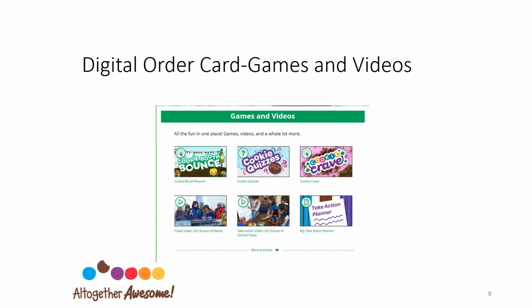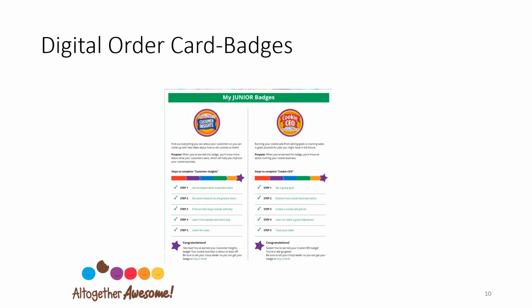Okay, so there's a lot more with Digital Cookie this year, a lot more going on that a girl can definitely check out, like games and videos. So definitely they should check it out and have some fun on the site. There's also online badges. These aren't badges they actually earn. These are badges that are going to be online. However, with Girl Scouts of Southeastern Michigan, we do offer a patch that they will receive with the rest of the rewards.